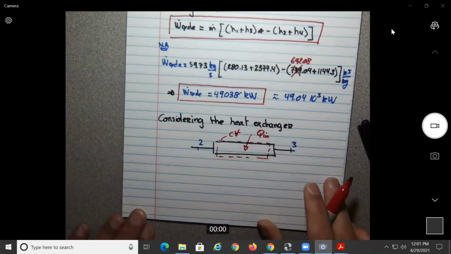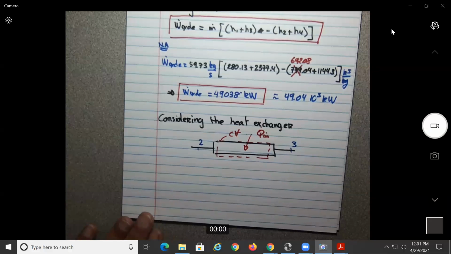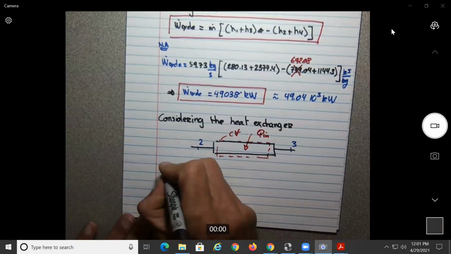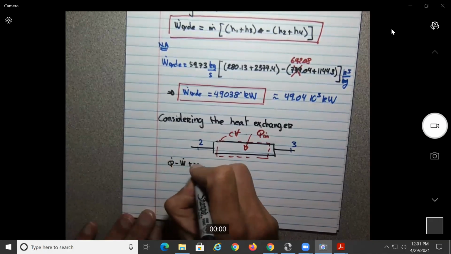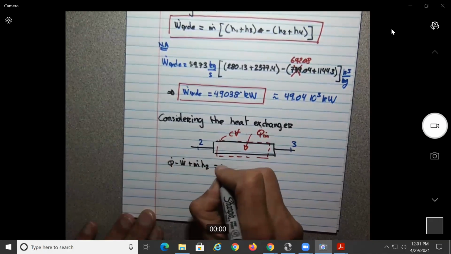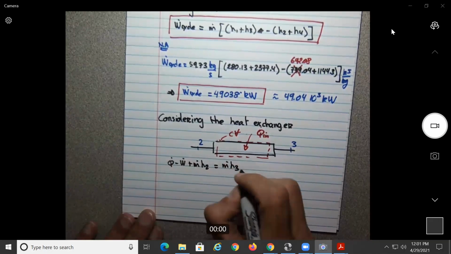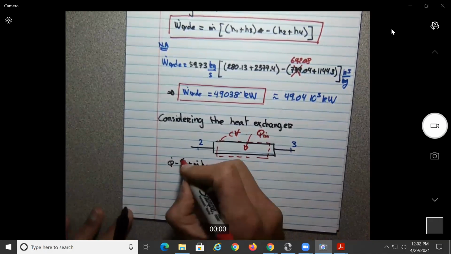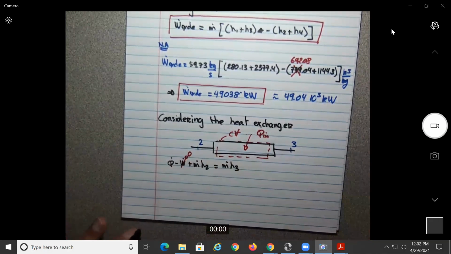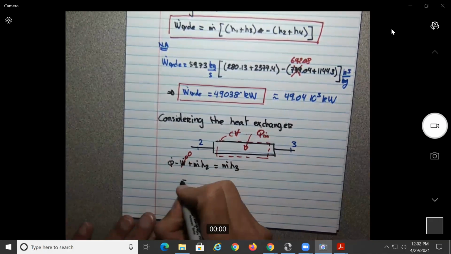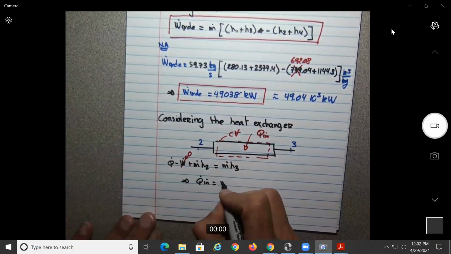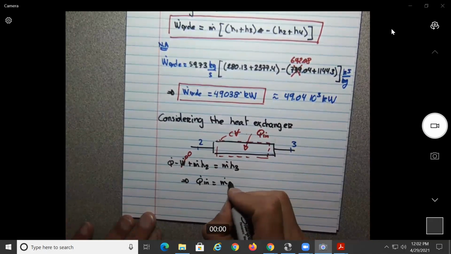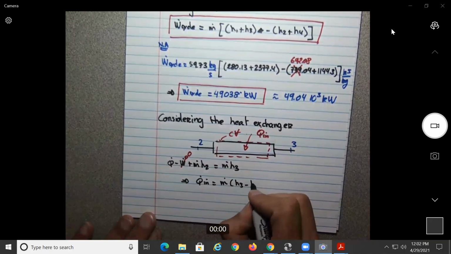If we apply to this system the first principle of thermodynamics, what do we get? Q dot minus power plus m dot H2 equal to m dot H3. We know there is no work or power done over here, so we're going to get Q in is equal to m dot times H3 minus H2.